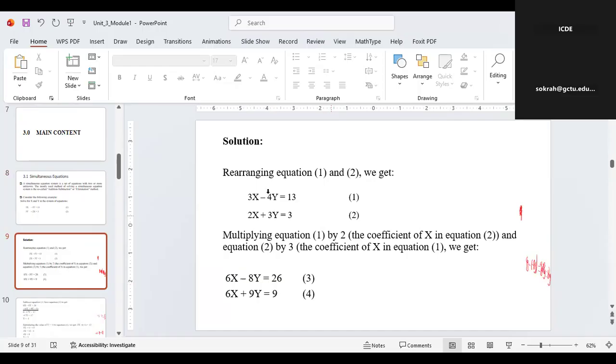Now, before you can eliminate one, at this point you will decide whether you are eliminating x or eliminating y.